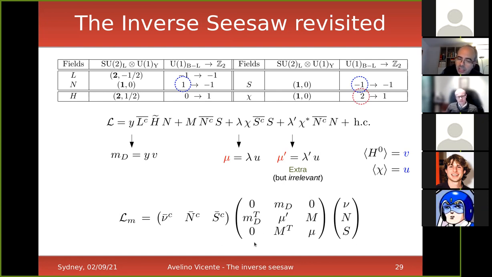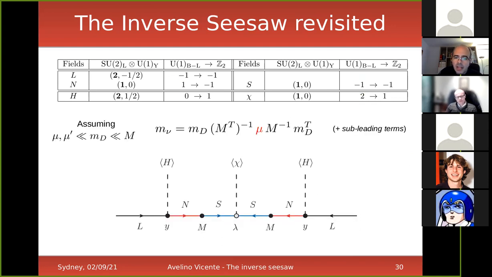Because you have a 0, mu prime enters subdominantly, and then you can basically neglect it in your calculation of neutrino masses, but it is there in principle, and you cannot forbid it because the lepton number symmetry that you have used to construct this theory cannot be used to forbid this term if you don't forbid the other term as well. So the construction doesn't allow you to have this and not the other. And this is something that will happen, as you will see, in all the models that I will discuss in this seminar, that you always have additional mu parameters, but they are numerically irrelevant.